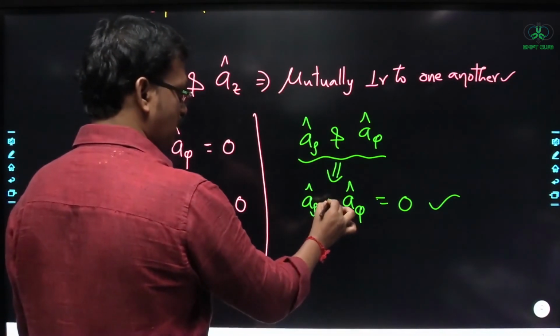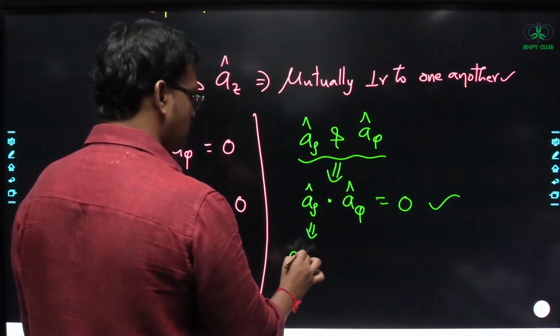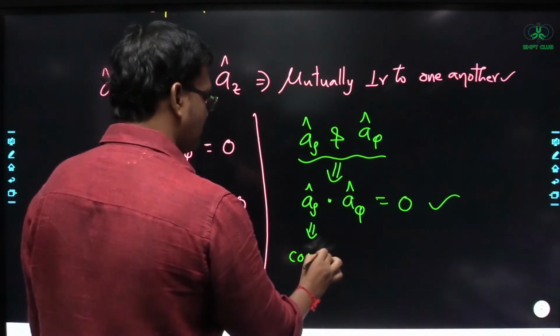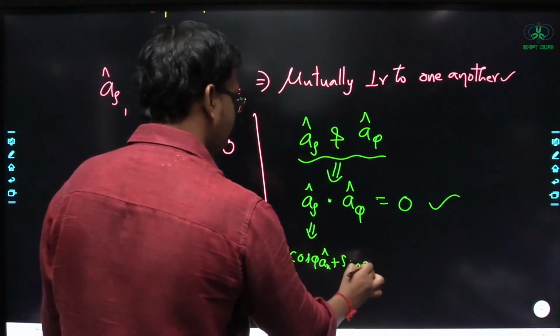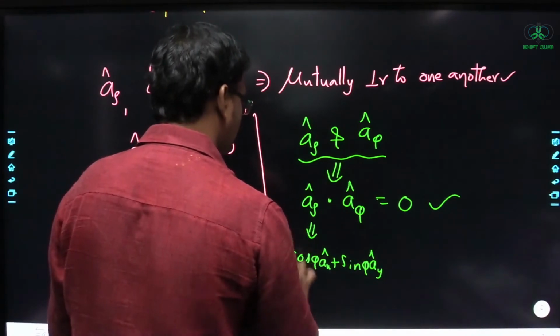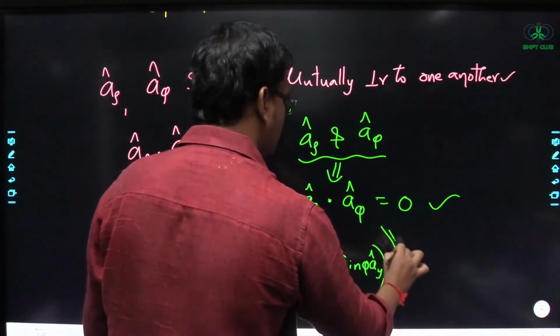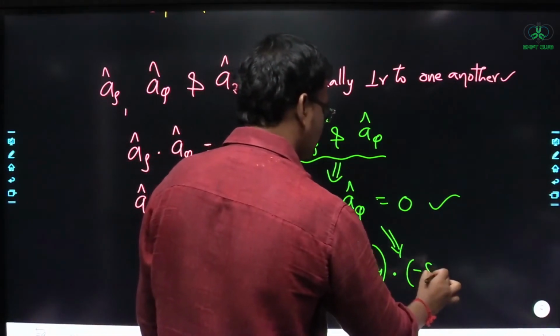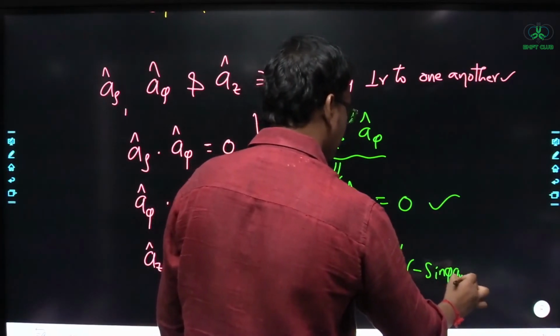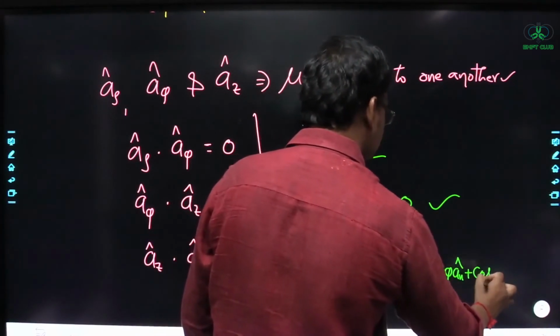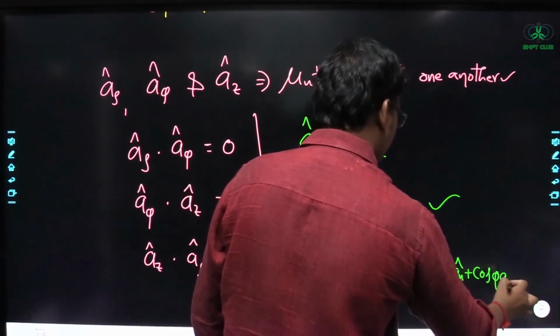So aero cap is cos phi ax cap plus sin phi ay cap, dot a phi cap, which we got as minus sin phi ax cap plus cos phi ay cap.